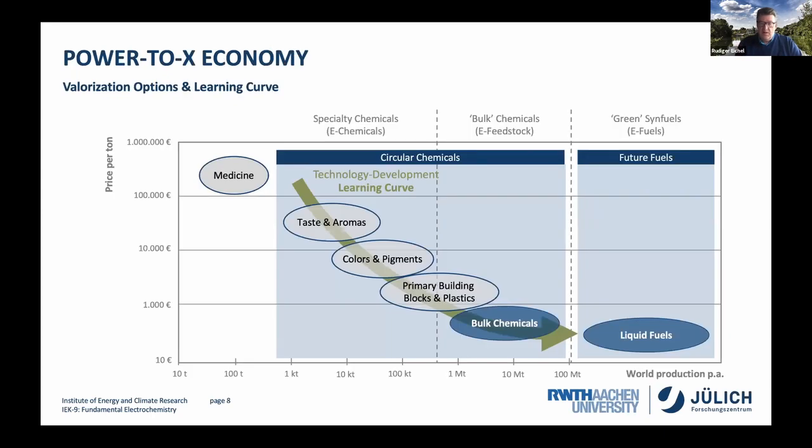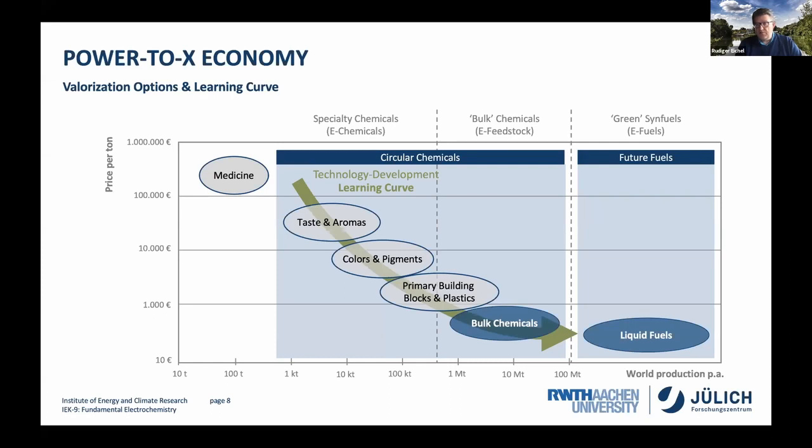And so now this paves the way towards a roadmap. So to our opinion, the best strategy to start is to start with the markets where you have the highest valorization, to scale up the technologies in these markets, and then finally to end up to produce liquid circular fuels in terms of power to fuels.